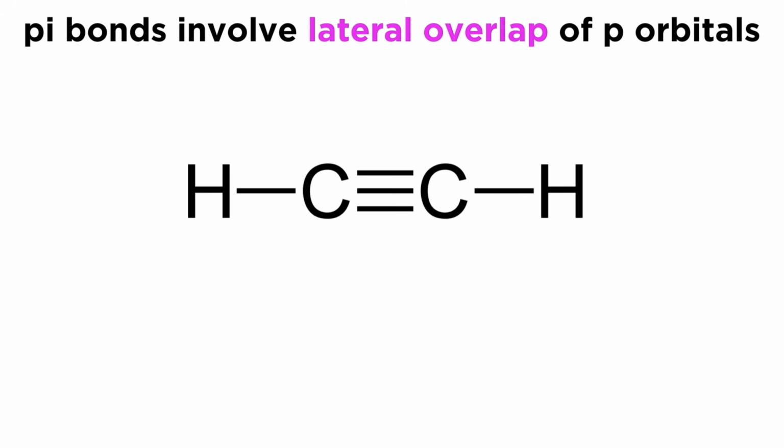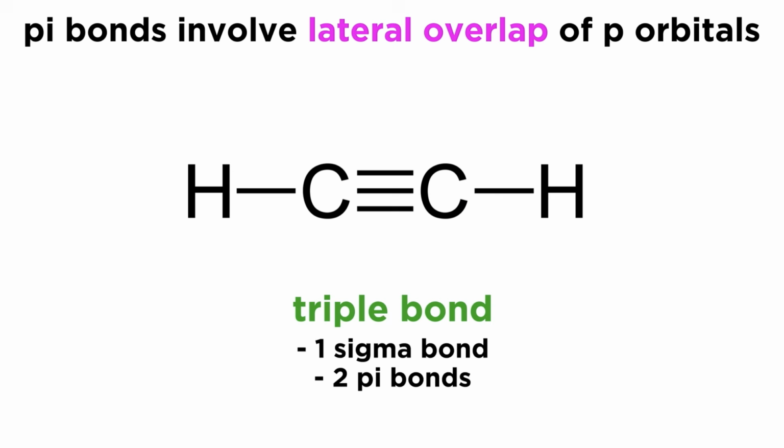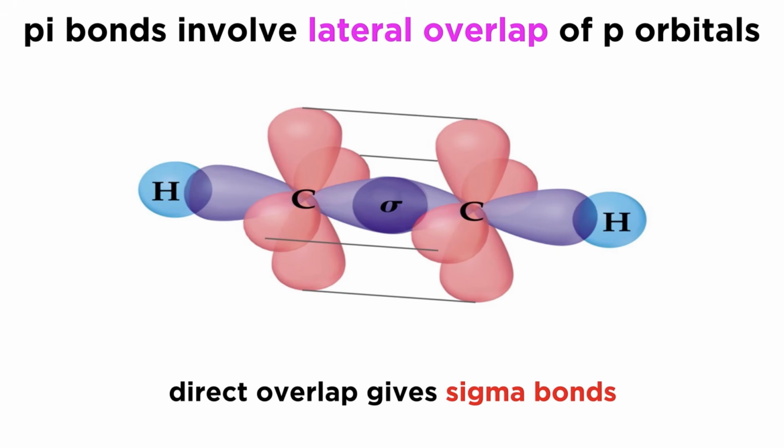We can see the same thing for C2H2, which has a triple bond between the carbons. These carbons are sp hybridized, so again the direct overlap between these hybrid orbitals, as well as between the hybrid orbitals and the s orbitals for the hydrogen atoms, will produce the sigma bonds.